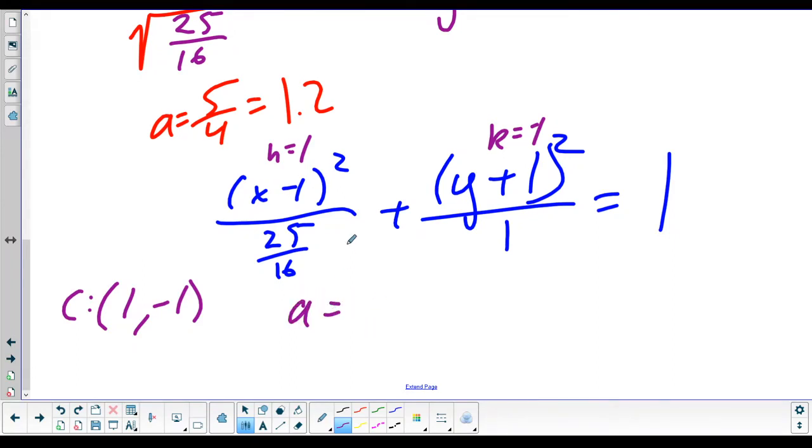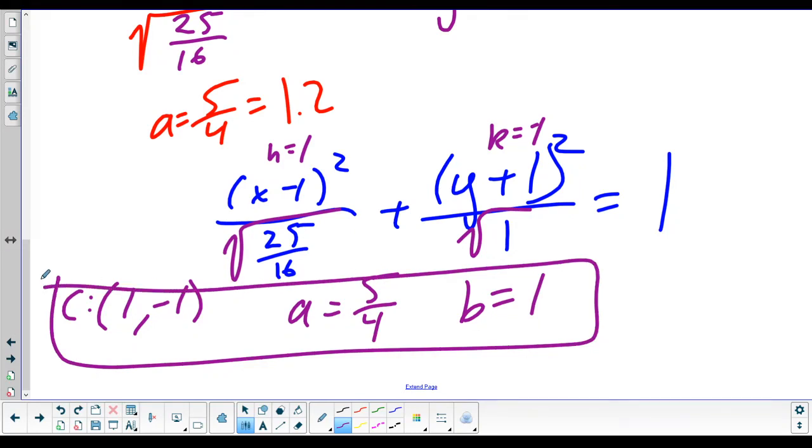A is the bigger of these two numbers. So what's bigger, 25 over 16 or 1? Well, the top's bigger here, so this is bigger than 1. So square root, a is 5 over 4. B is the square root of the smaller number. Square root of 1 is 1. And then there is your center, your semi-major axis, and your semi-minor axis.